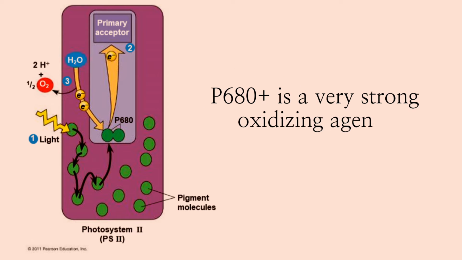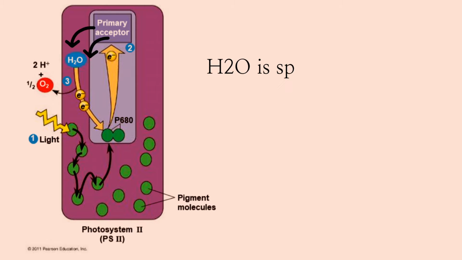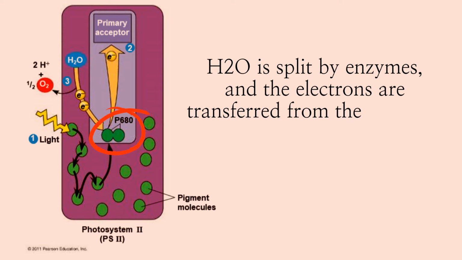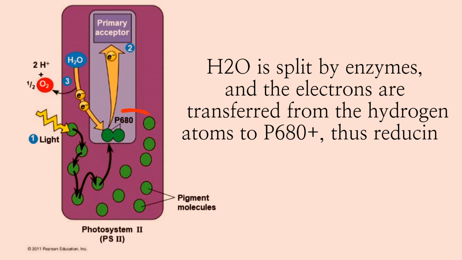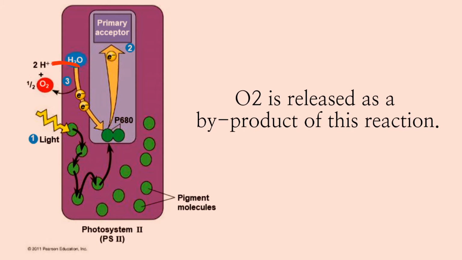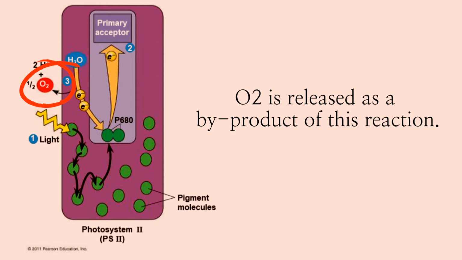P680+ is a very strong oxidizing agent. So water, H2O, is split by enzymes and the electrons are transferred from the hydrogen atoms to the P680+, thus reducing it to P680. Oxygen is released as a byproduct of this reaction.